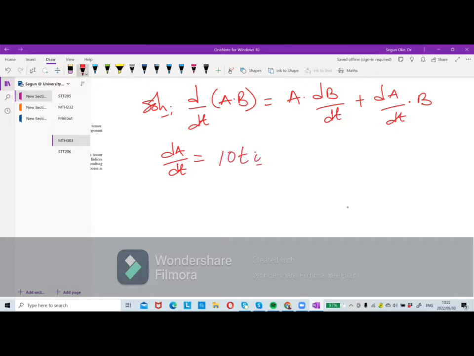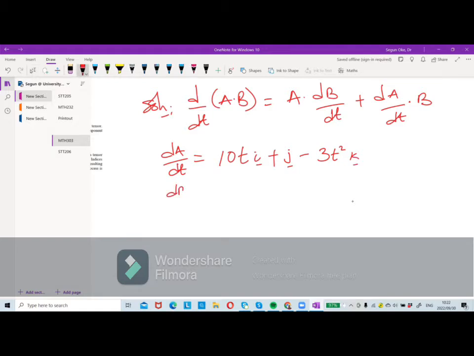I hope all of us can do that. Plus, when you differentiate t only, you have 1, and 1 multiplied by j turns to j. Then differentiating t cubed, we have 3t squared k.